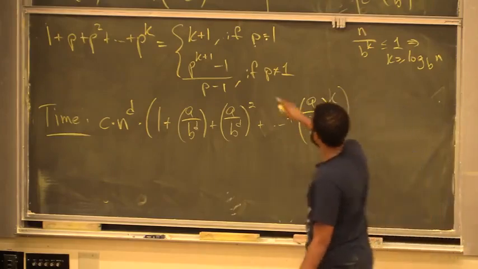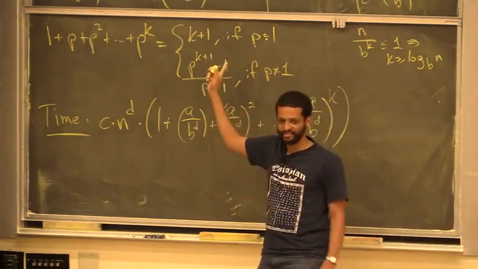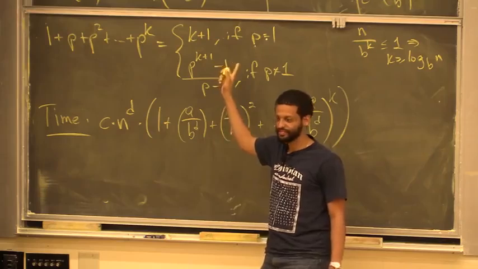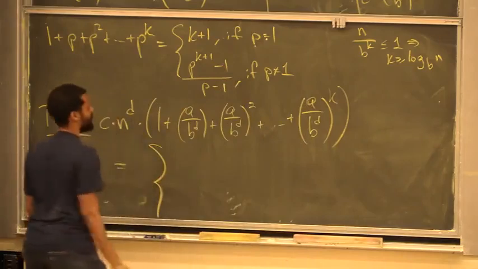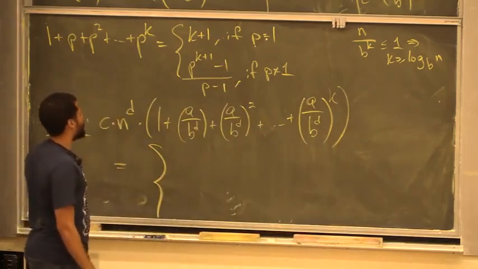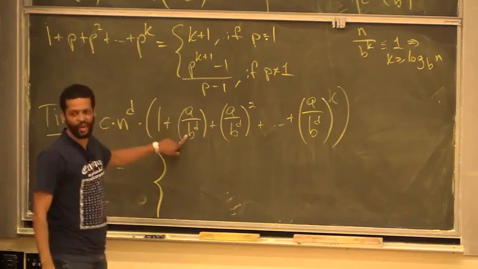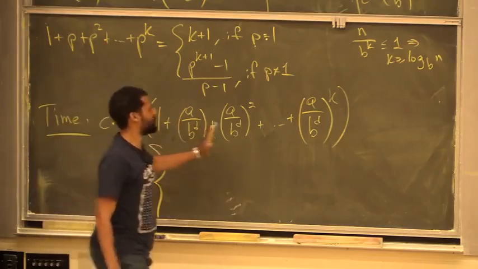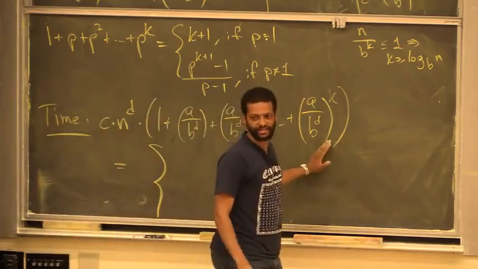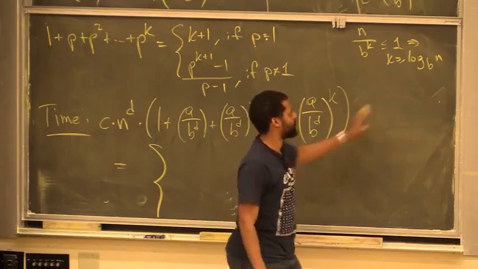Okay, so now there are cases for what this is. One case is going to be when p is 1. So what is this thing? When p is 1, that basically means a over b to the d is 1. If a over b to the d is 1, all these terms are 1. How many terms are there? Log base b of n.